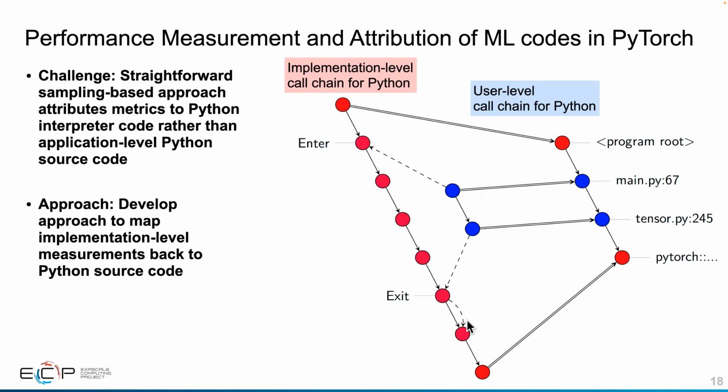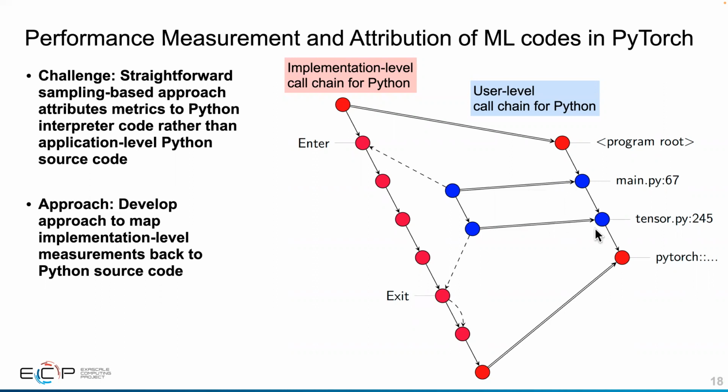What we do inside HPCRun is we recognize that this is what's going on. Instead of recording this whole chain that says what was going on in the Python interpreter, we map that back to context inside the Python program.